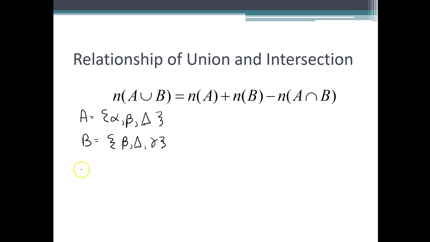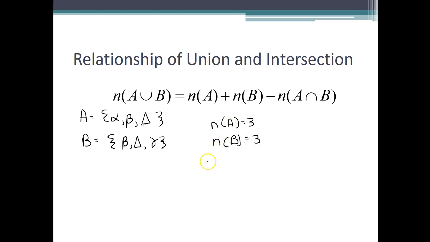Alright, and we want to figure out, well, how many items should be in the union. Well, right now we've got number of items in set A is 3. Number of items in set B is 3.